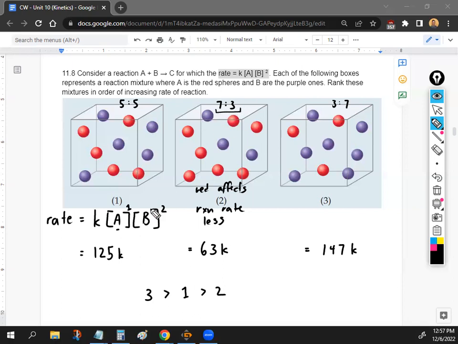So just keep that in mind. That's basically the conclusion that we can draw from this rate law, that depending on the exponent, the order of each concentration, it's going to determine how much it affects the reaction rate. And obviously, if it's power of 3, it'll affect it even more, so on and so forth.